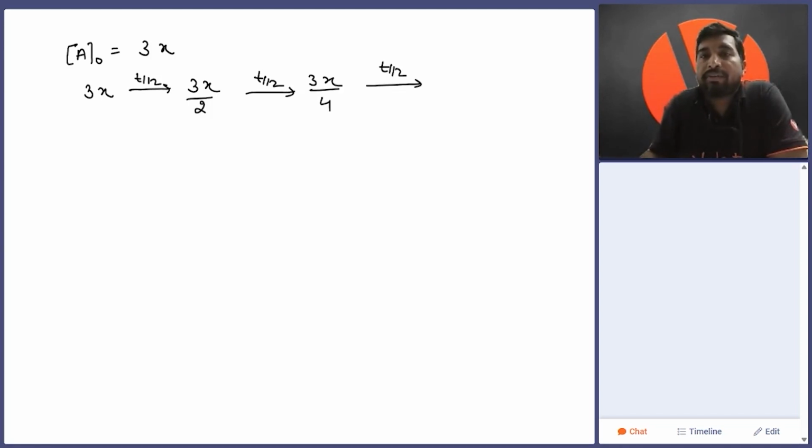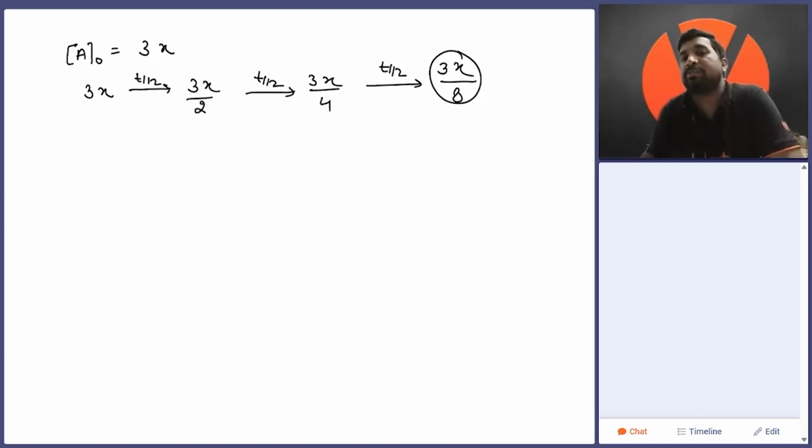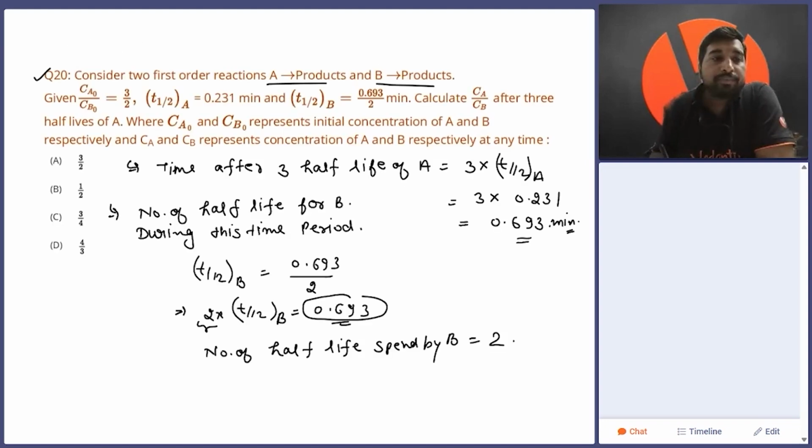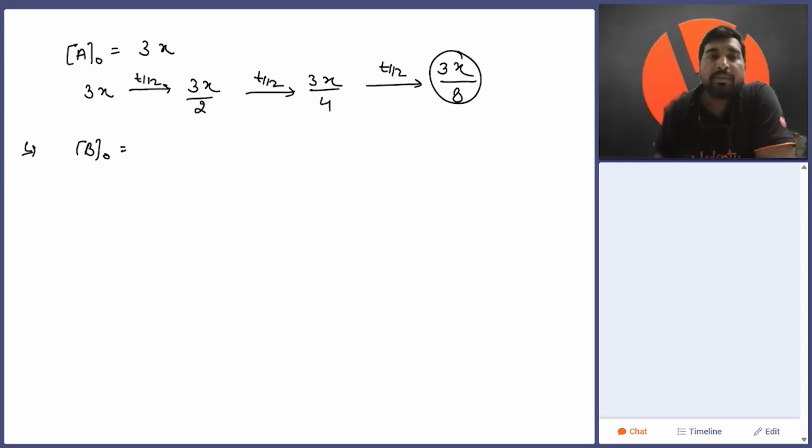One another half life, it will convert into 3x by 8. After 3 half life, the concentration of A is 3x by 8. For B, the concentration of B initially, the ratio is 3 by 2, that will become 2x. After 2 half life, 2 T half, it will form 2x by 2.